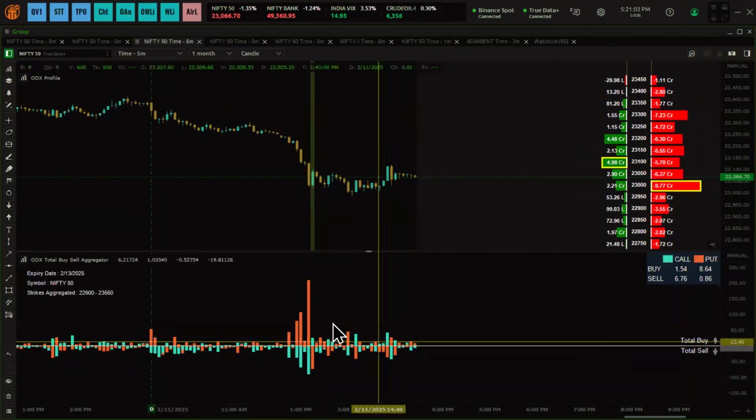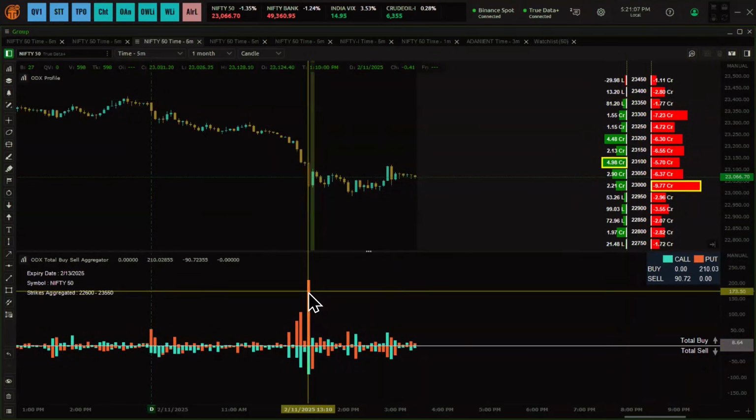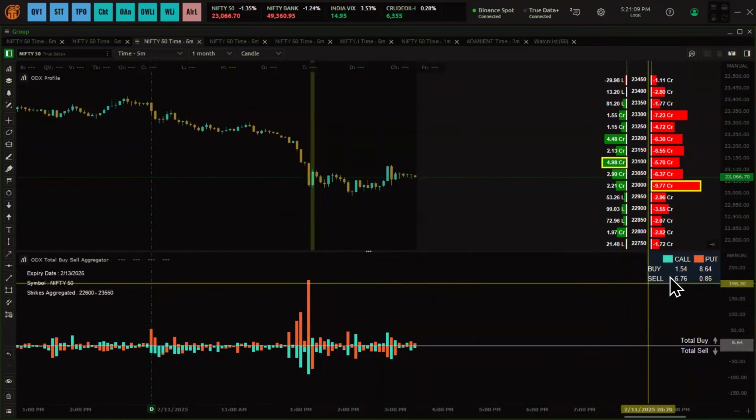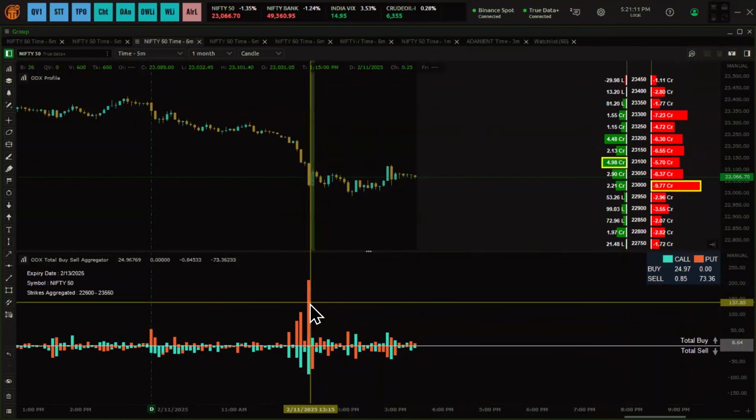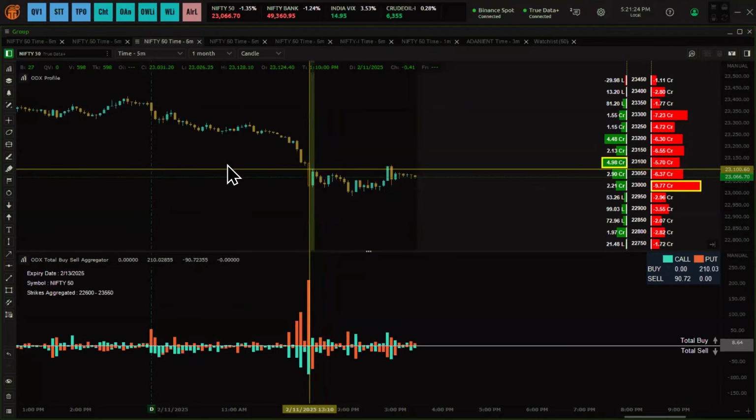Okay. Now this overall is also important, because if I keep my cursor here, look at the metrics here. The metric shows that total selling that has happened in the call is 90 crore. These values are in crores. And the total buying that has happened in the put is 210 crore, which makes this candle really important. Okay.